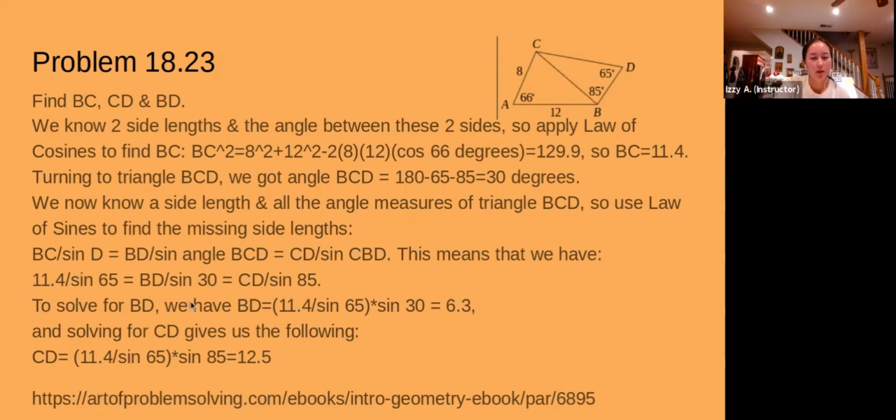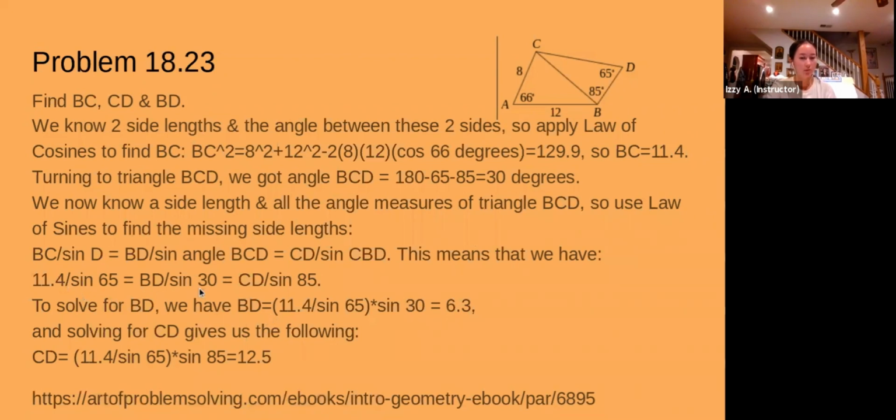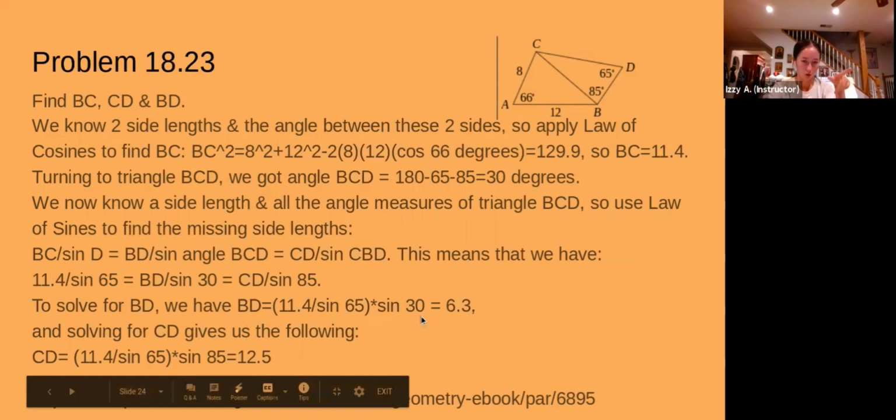To solve for BD, we have BD equal to 11.4 divided by sine of 65 times sine of 30. As you can see, we just took the first two parts of this equation, because you don't necessarily need to have all 3 ratios. As long as you have 2 ratios, you can use it to figure out one value that you don't know. So in this case, we just took the first 2 ratios that we established to get 6.3.